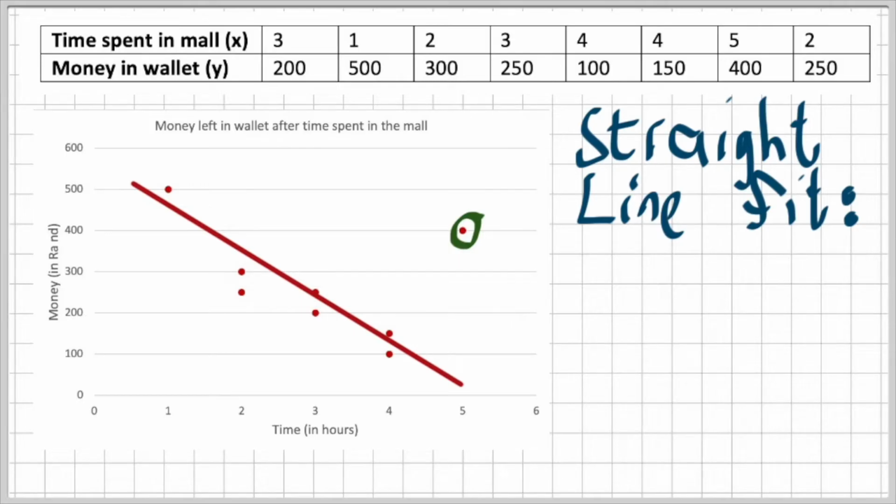Please understand, ladies and gents, that in real life, it's not always going to be a straight line. You can have many different kinds of graphs that could be fitted. Let's say you've got a bunch of points that look like this. That kind of looks like a parabola. Also, you could get lines that look like that.